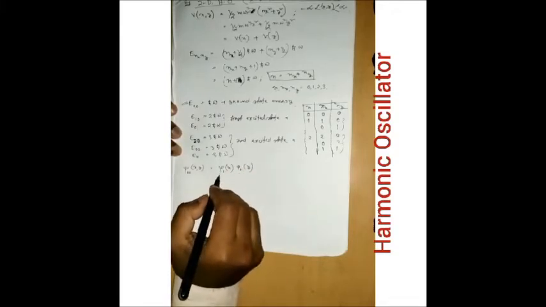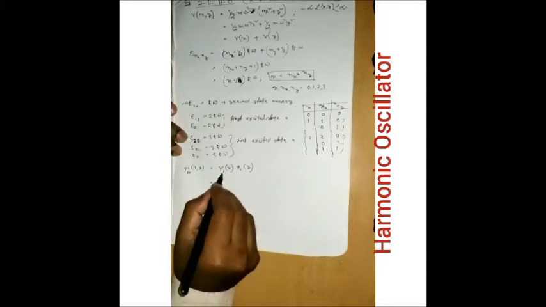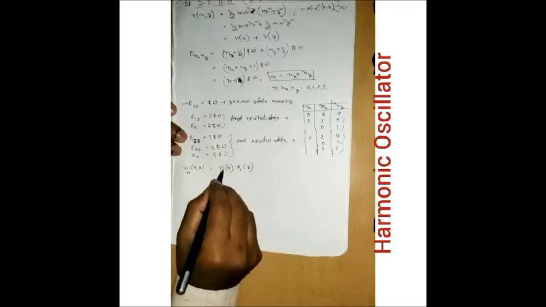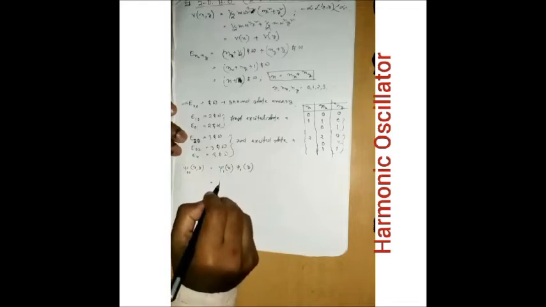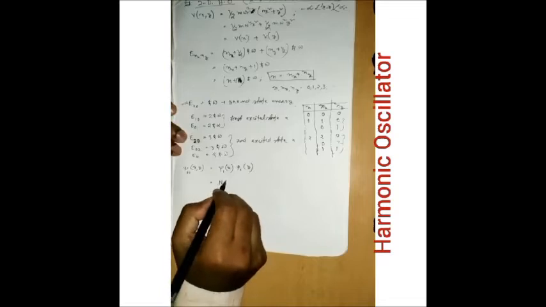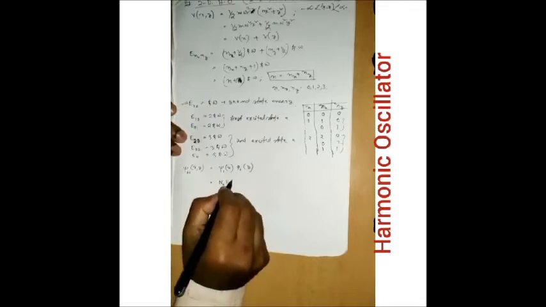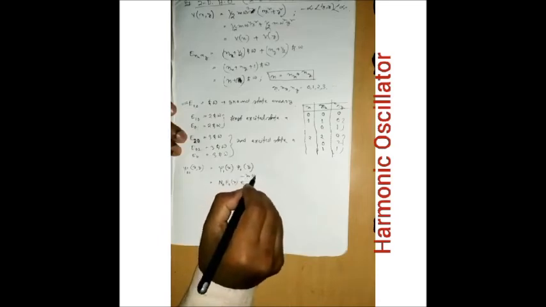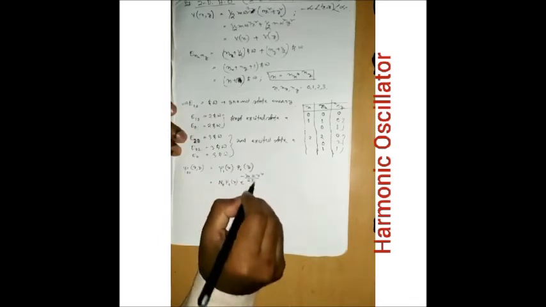Now we know the wave function from the earlier case. I'm not normalizing it, I'm just writing the normalization constant here. For simplification, let us take N naught, the Hermite polynomial H naught of x, and e to the power minus m omega x squared upon 2a squared.